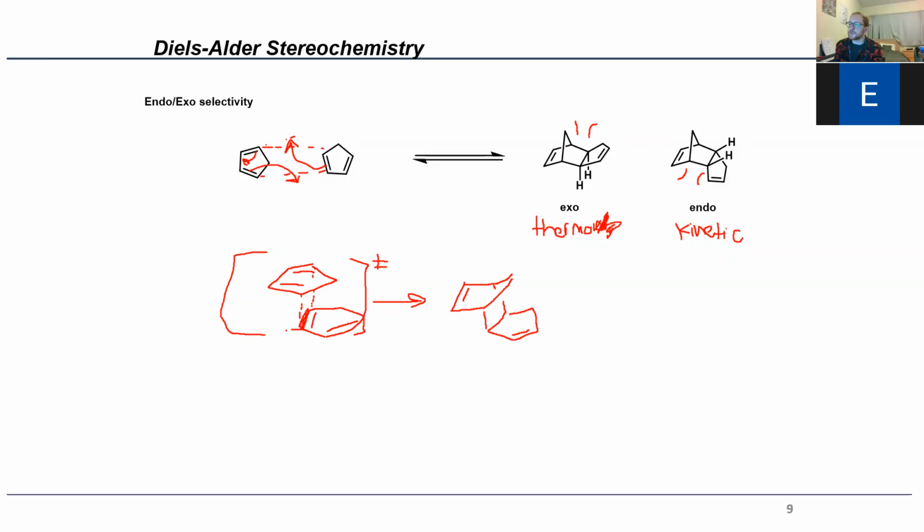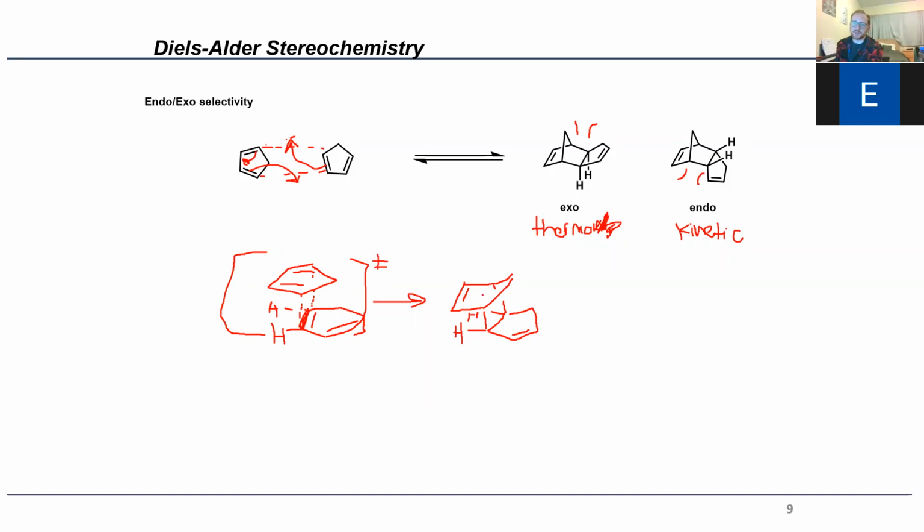Right, and we can see that's the case. The hydrogens here end up under. Okay, and so this is the transition state that leads to the exo product.